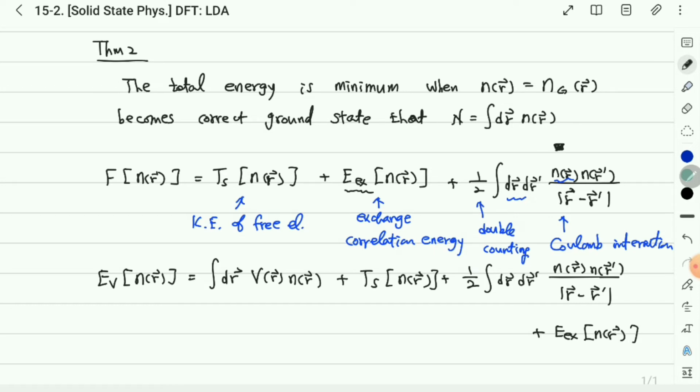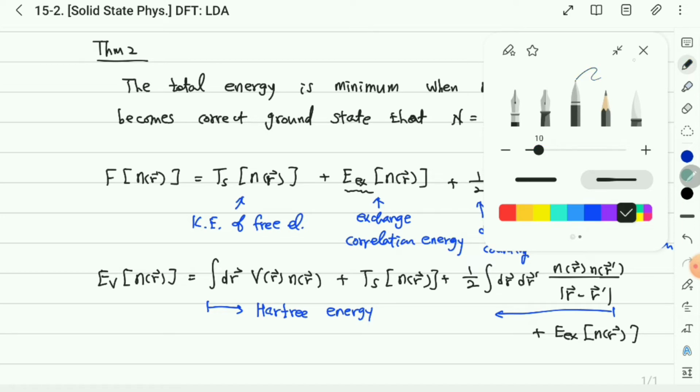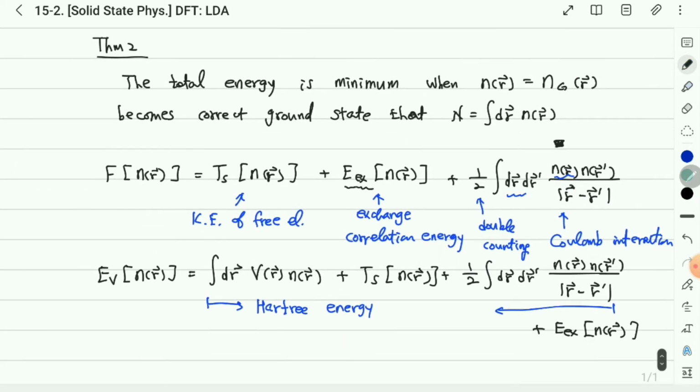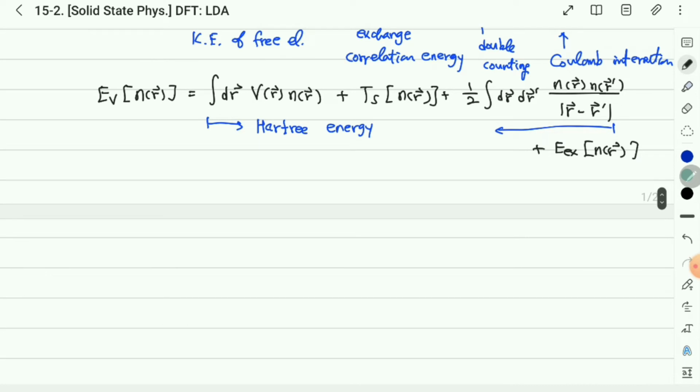Then from this term until this term, we call it the Hartree energy. And here the Hartree energy plus exchange energy is the energy functional. Here this energy should be minimized with respect to the local electron density.